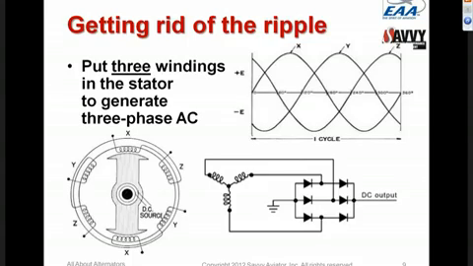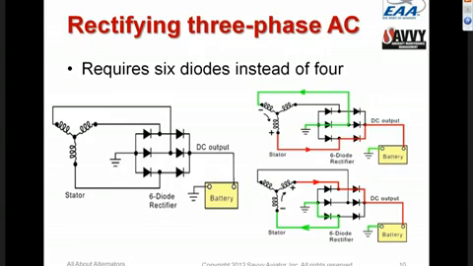In order to rectify the three-phase AC, we need a little bit more complicated rectifier assembly. We need to use 6 silicon diodes instead of just 4. But the result of rectifying three-phase AC is to produce an output that is much closer to pure DC. Again, this is the way the rectifier assembly works when we have three-phase AC.